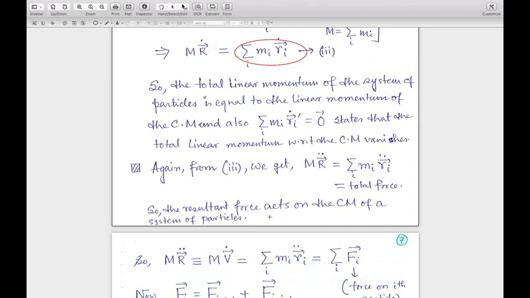So basically R double dot is the acceleration of that imaginary particle. Now in general, if there is no real particle over there, you cannot simply see that somewhere some particle is really accelerating at this position, right?